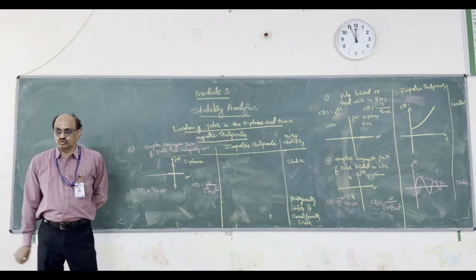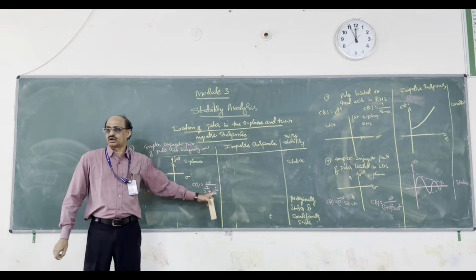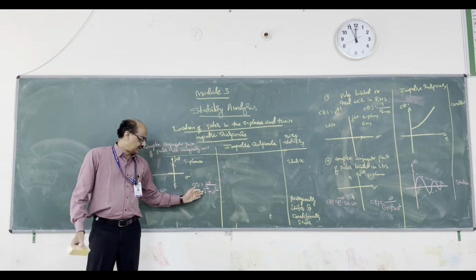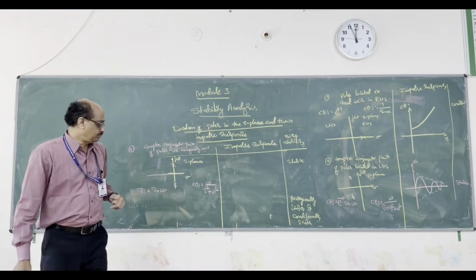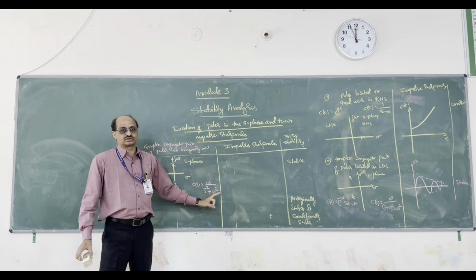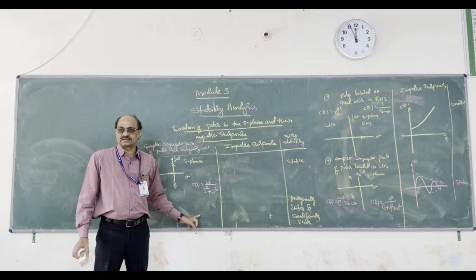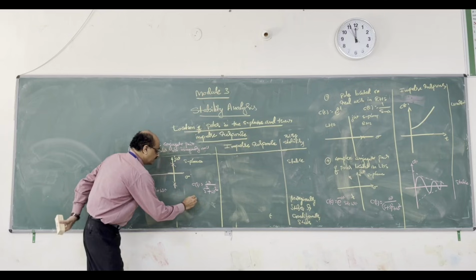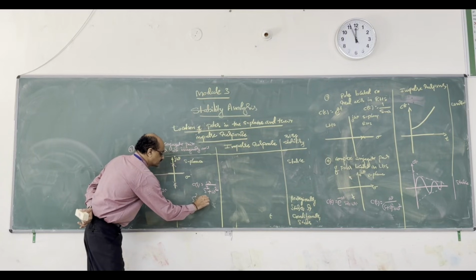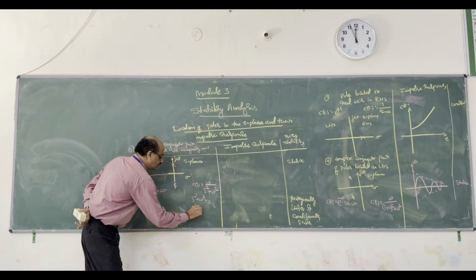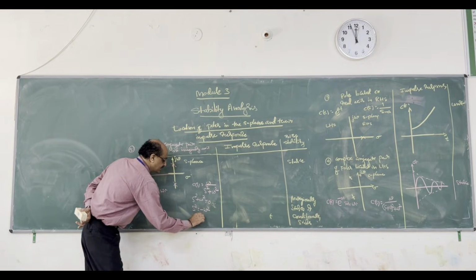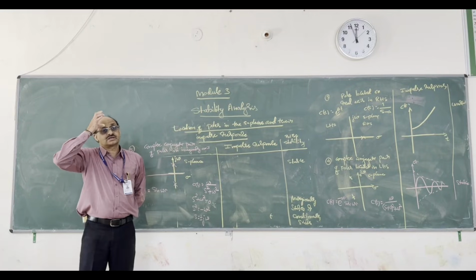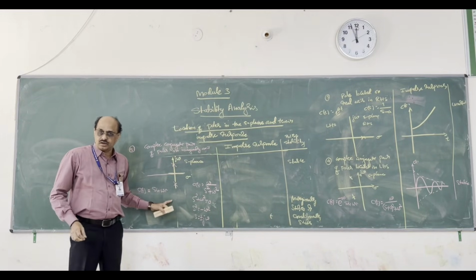Equate the denominator to 0: s square equal to minus omega square, so s is equal to plus or minus j omega. Poles are at plus or minus j omega.